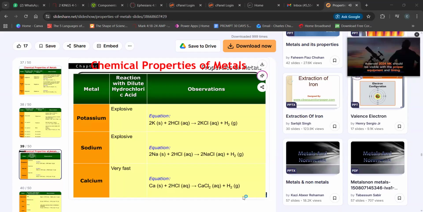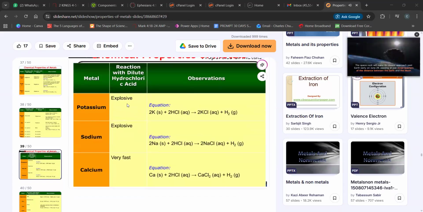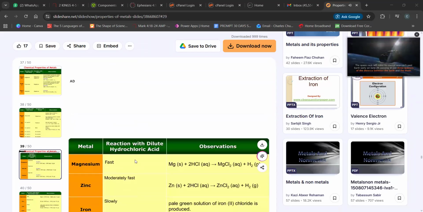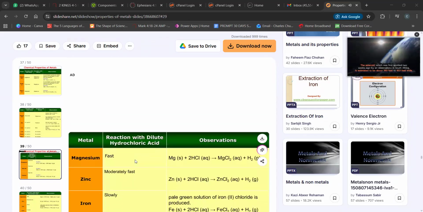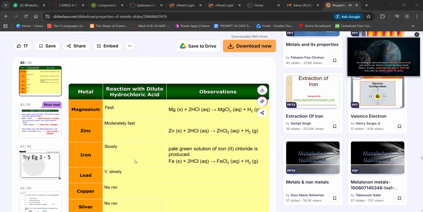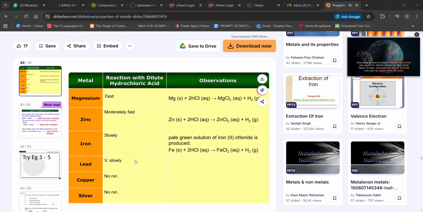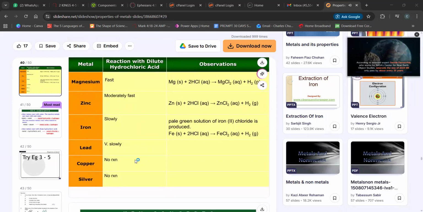Sodium chloride, potassium chloride, calcium chloride, they are all salts. Notice which ones are explosive and which ones are very fast. As we go down the reactivity series, from very fast you have fast, moderately fast, slowly, very slowly, no reaction, no reaction.